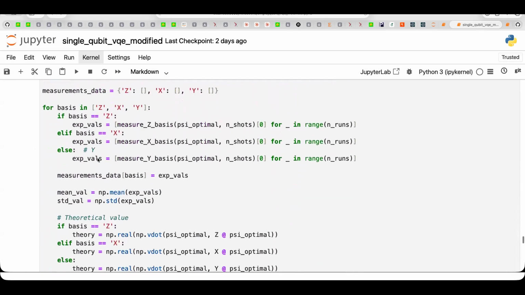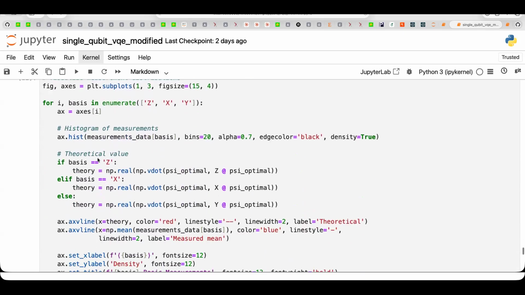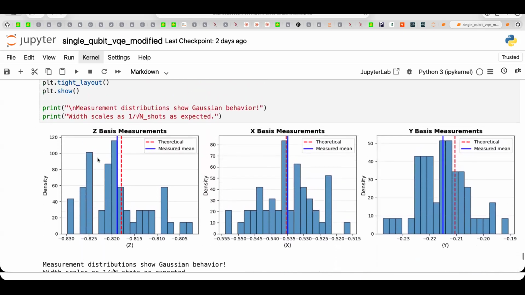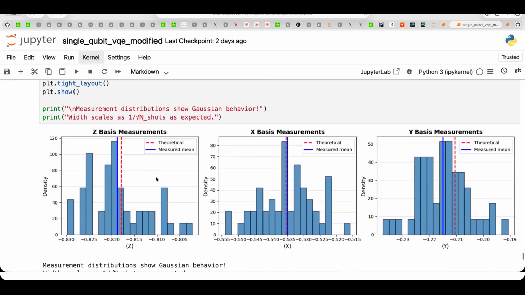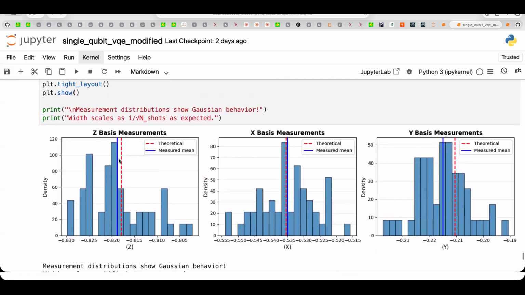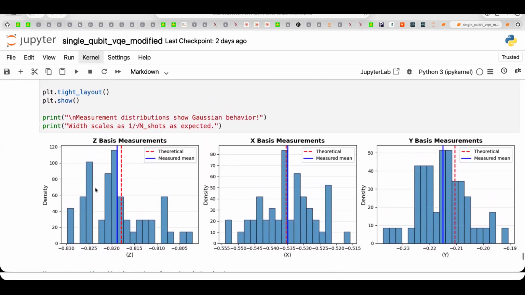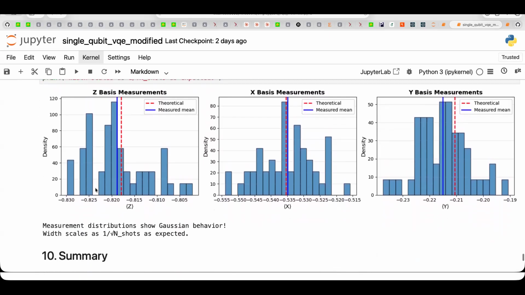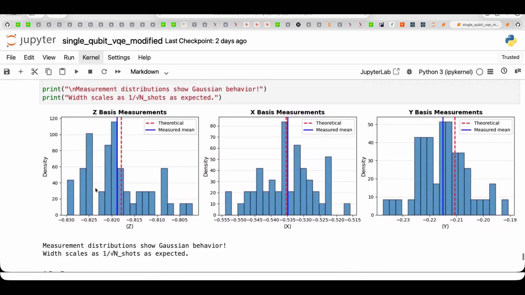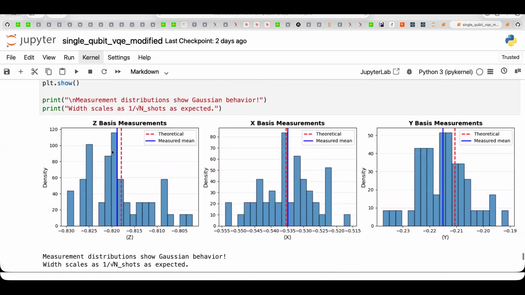Yeah, there are some other things which are also useful to look at. And that is the basis measurements, where you have the theoretical value, and you can look at the counts which you have. And this is a case with, I think, 1,000 shots. And you can see the number of counts you have. And it looks a kind of Gaussian for these kind of measurements.